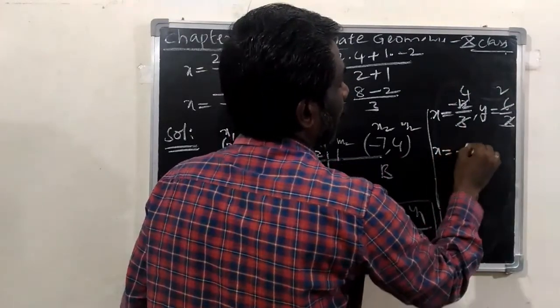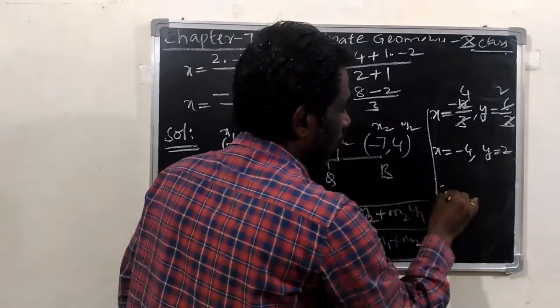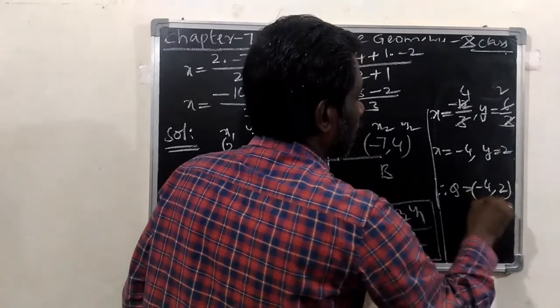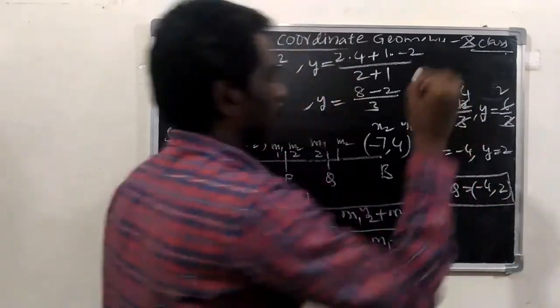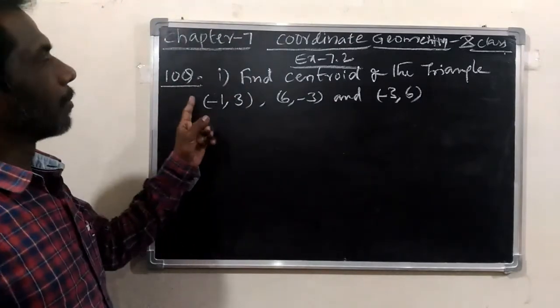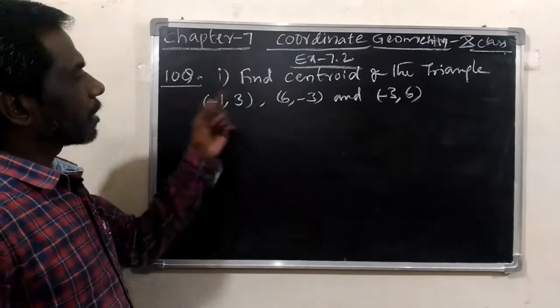So x equals -4 and y equals 2. Therefore Q is (-4, 2). This is the answer.